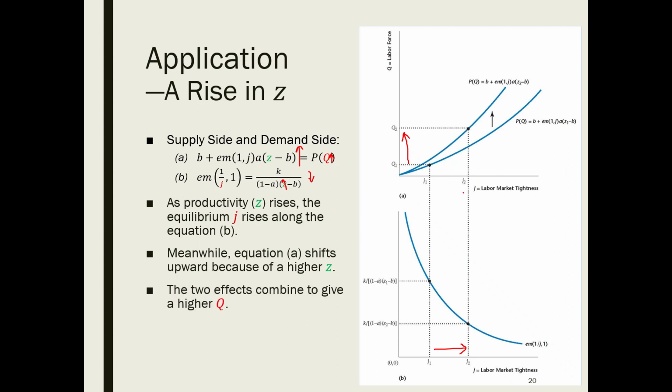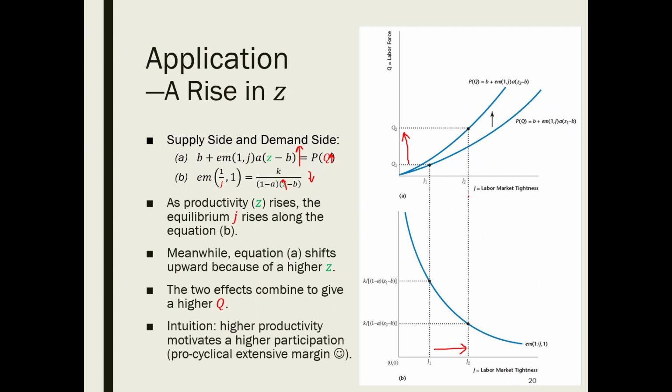Combined with the new level of J2, the new equilibrium Q rises from Q1 to Q2. This shift is a reinforced effect from both demand side and supply side. The intuition is that a higher productivity motivates a higher participation, which matches the procyclicality of the extensive margin observed in the data.